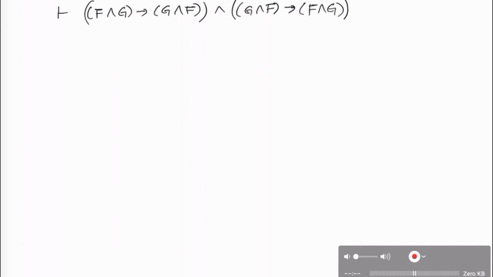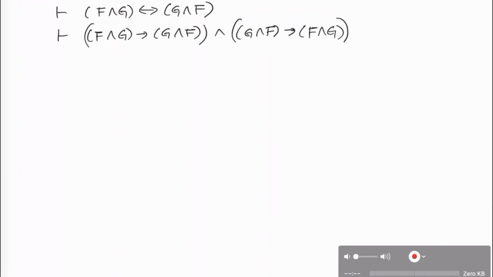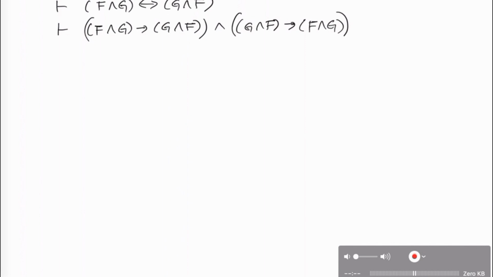Okay, so we can try to prove this guy. This is actually what I show. Okay, so let's see. My last line here should be the whole formula.